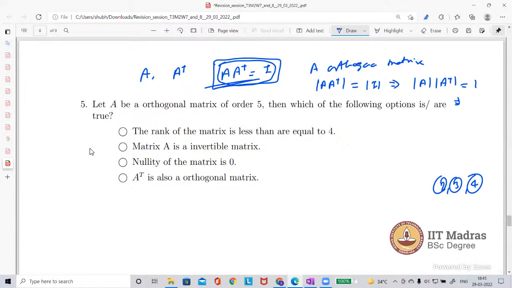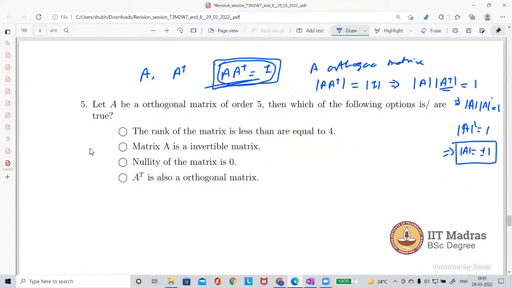So the determinant of A squared is equal to 1. So the determinant of A may be plus 1 or minus 1.